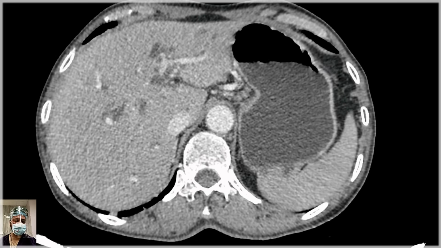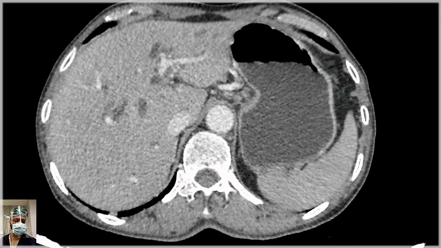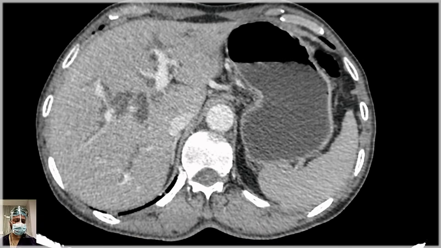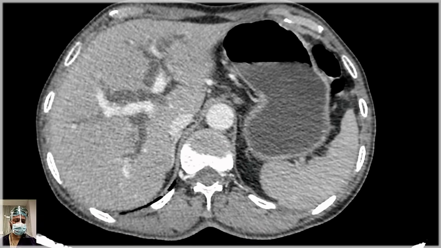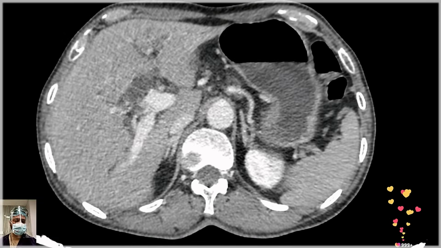In this freeze frame, you can appreciate there was a dilatation of the left and right hepatic radicals extending up to the secondary level biliary radicals. The portal vein was opacified normally, stomach was normally distended, and the CBD was dilated till the lower part.